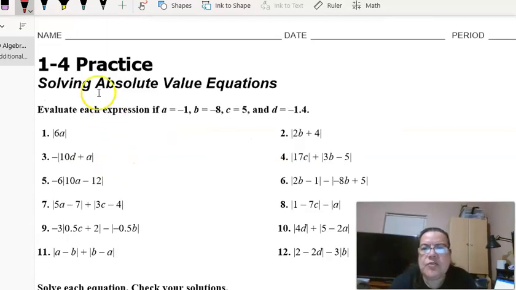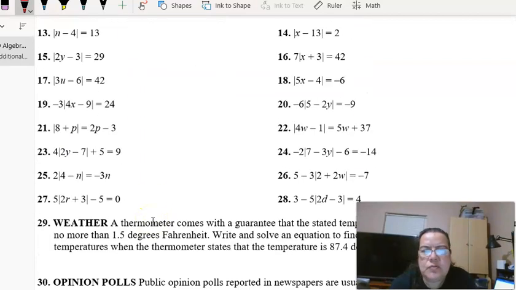So now let's go over to the practice section of 1-4, and let's do something like question number 21. So if you notice, question 21 is a little more complex because it has this additional 2p on this side, but we still use the same process. So let's go ahead and look at the 2 cases.